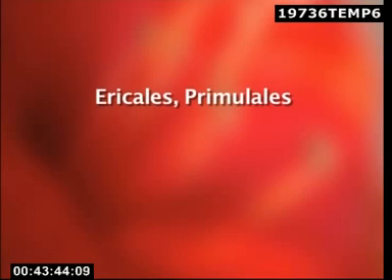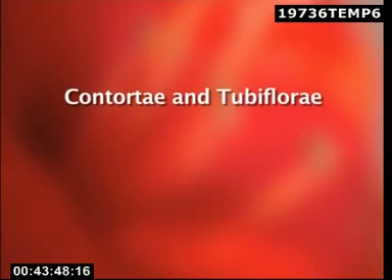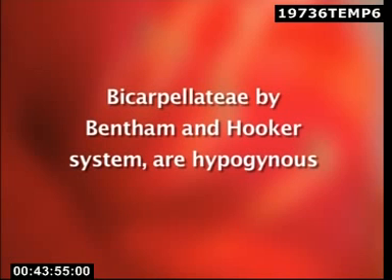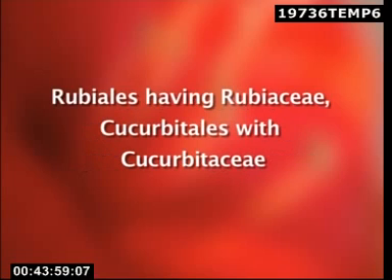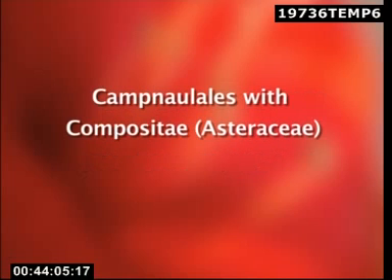It commences with Ericales, Primulales, etc. The orders Contortae and Tubiflorae include families that were recognized under Bicarpellatae by the Bentham and Hooker system and are hypogynous. The Rubiales, with Rubiaceae, Cucurbitales with Cucurbitaceae, and Campanulales with Compositae are placed at the end. These three orders are placed at the end as they have epigynous families.